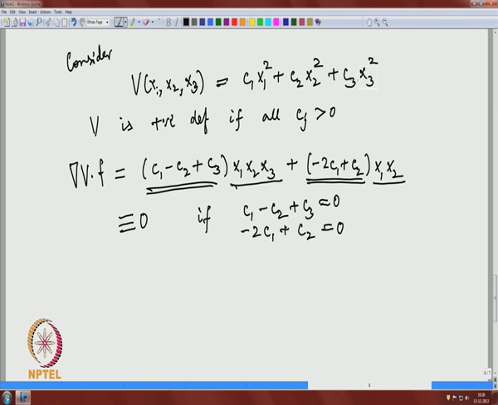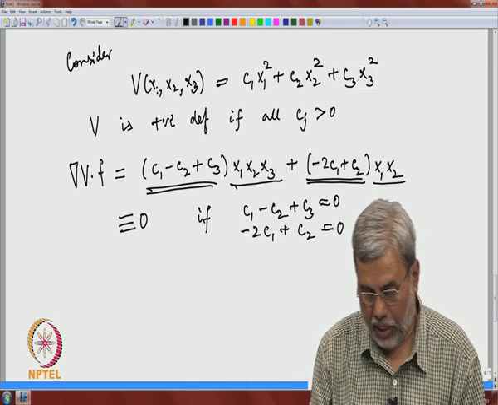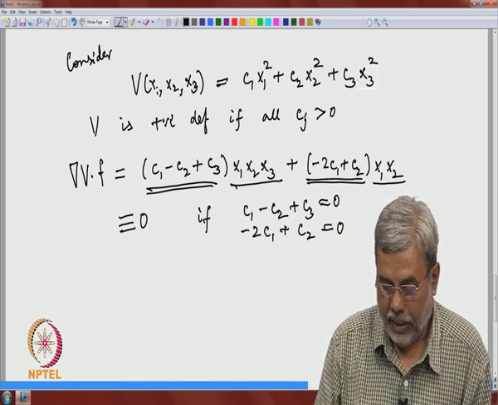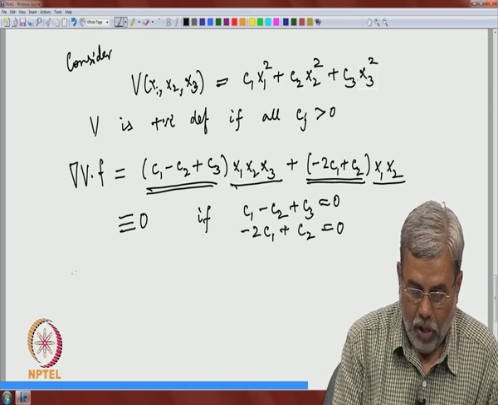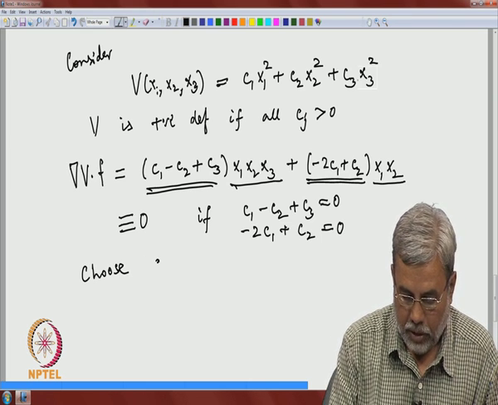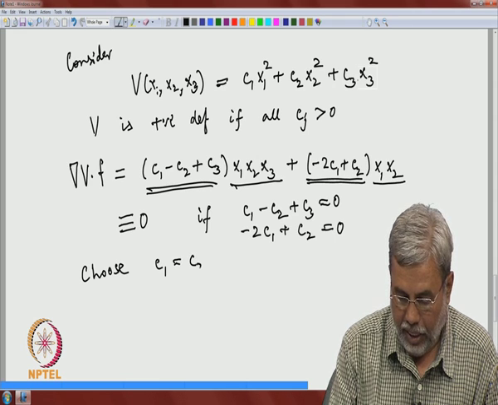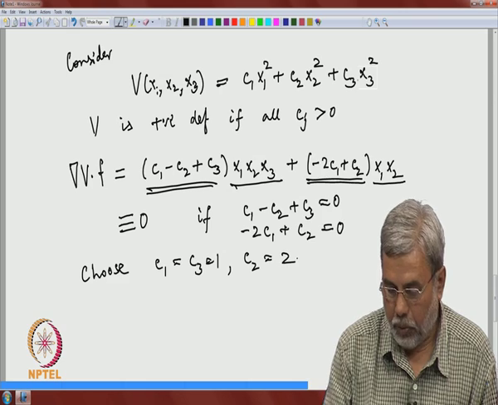So, we can choose them as long as they are positive, that is fine. And these are the second condition. Okay. So, there are 2 equations and 3 unknowns. So, you have plenty of choices. One choice is to choose C1 equal to C3 equal to 1 and C2 equal to 2.